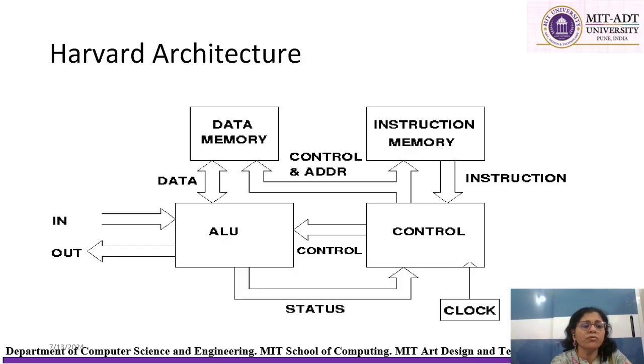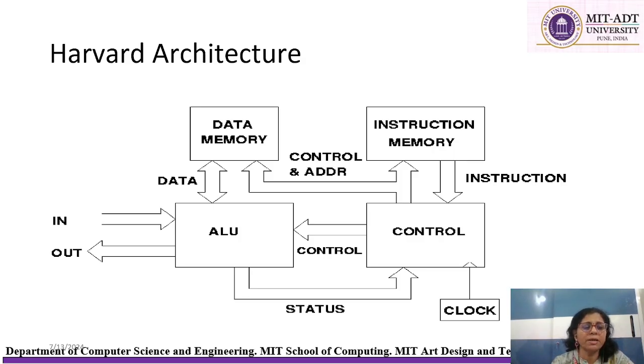There are separate buses for instructions and data, as compared to von Neumann architecture with a single memory, where the same buses are used for data access as well as instruction access.